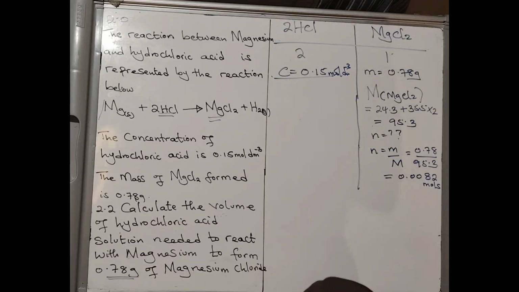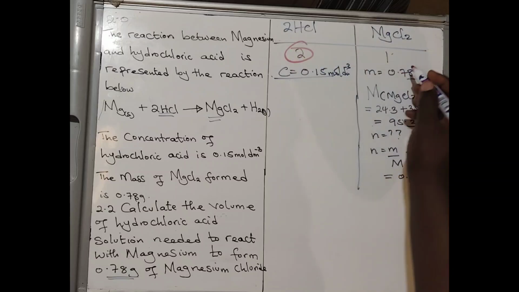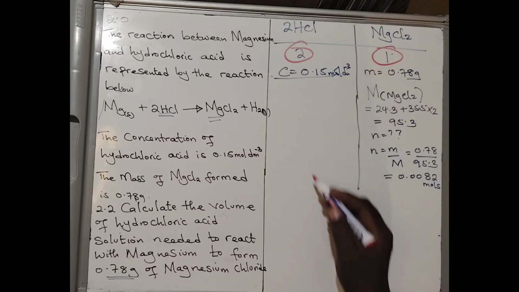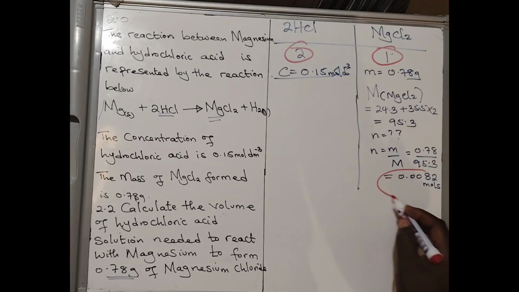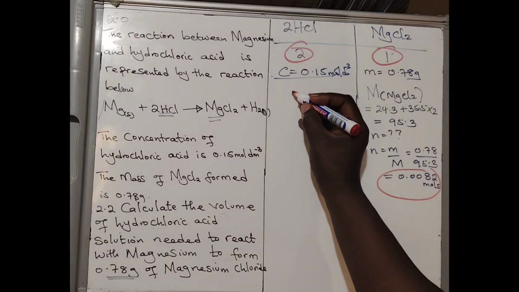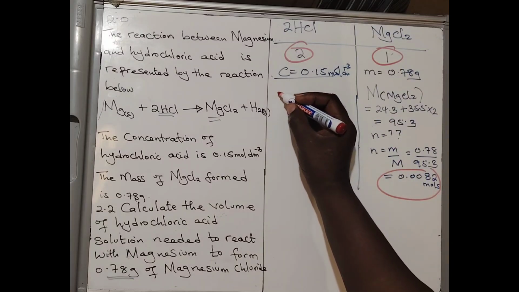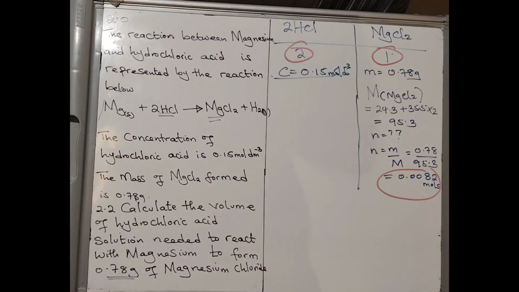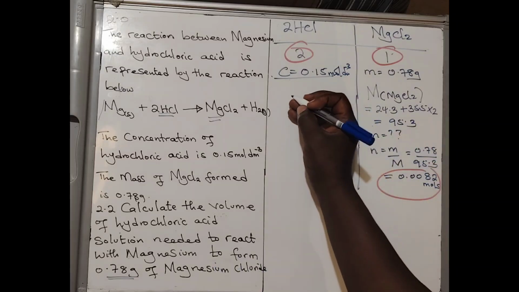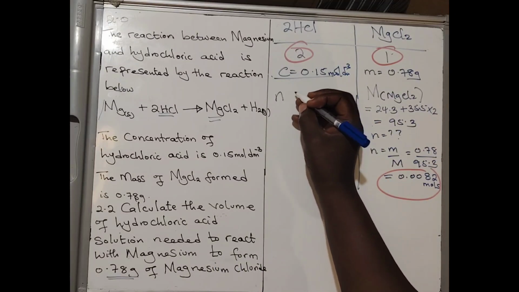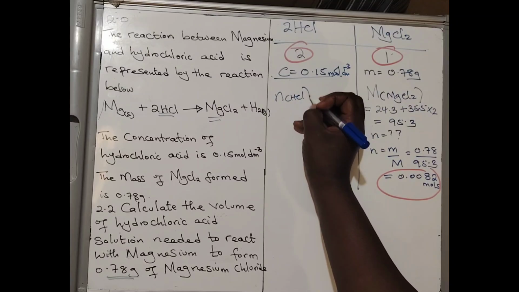Okay. Now, remember, you have the ratios, these two. You have the number of moles here. So if you want to find the number of moles this side, it's going to be the number of moles of HCl which reacted.